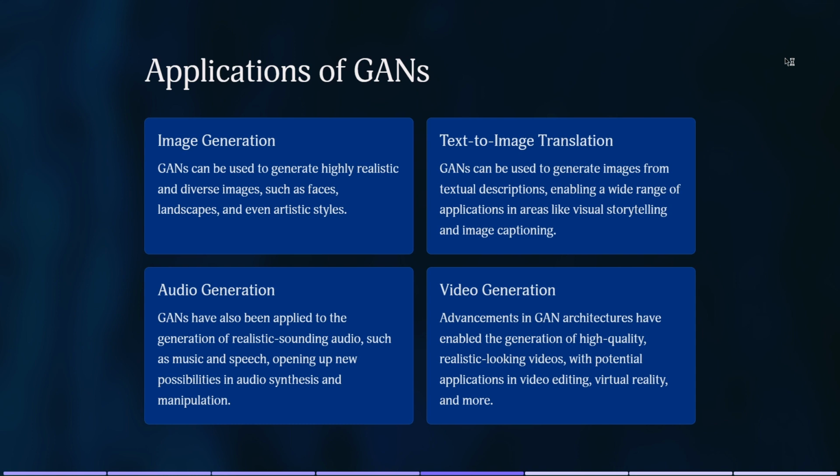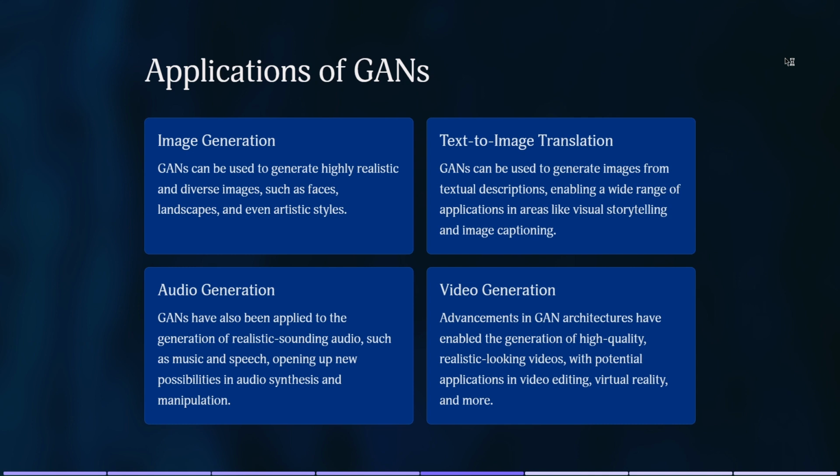Applications of GANs. Image generation, text-to-image translation, audio generation, and video generation. Image generation. GANs can be used to generate highly realistic and diverse images such as faces, landscapes, and even artistic styles. Text-to-image translation. GANs can be used to generate images from textual descriptions, enabling a wide range of applications in areas like visual storytelling and image captioning.